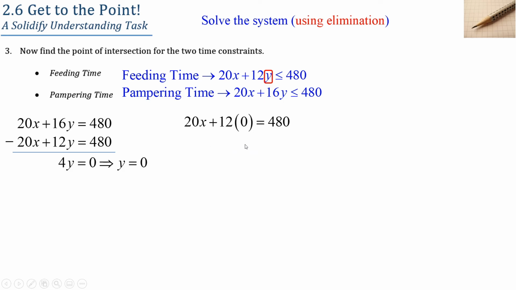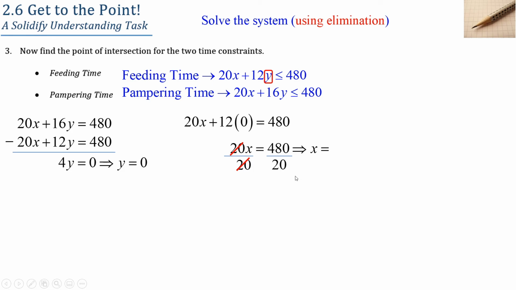That means 20 times x plus 12 times 0 is 0. That's gone. Has to equal 480. And now we divide both sides by 20 to undo this multiplication by 20. My factors of 20 canceled, leaving my factor of x.